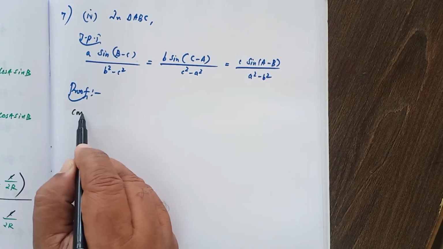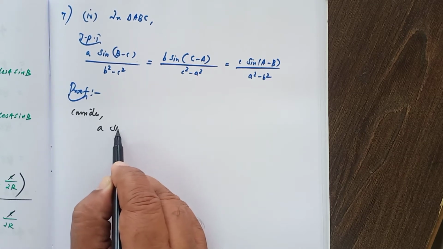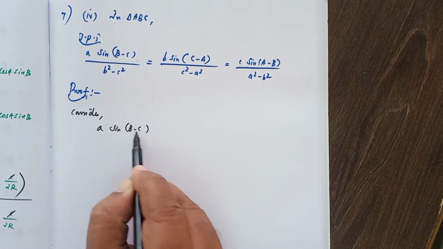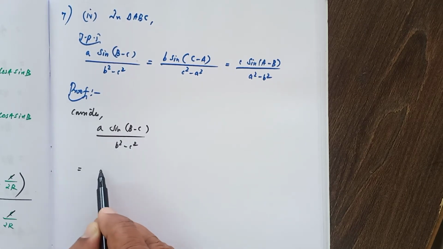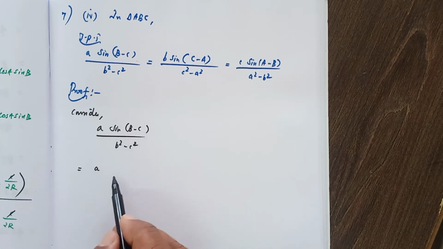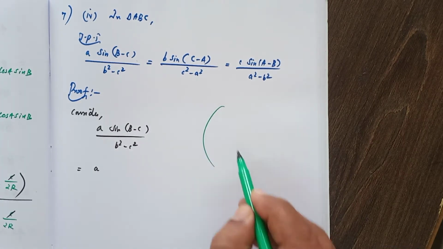Now consider the first part, a sin(B minus C) divided by b squared minus c squared. So a write as it is, then sin(B minus C), you can apply the formula of sin(A minus B). You know the formula sin(A minus B) is equal to sin A cos B minus cos A sin B. Write the formula over here.